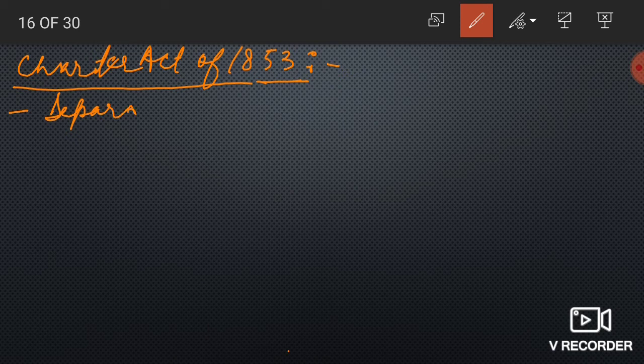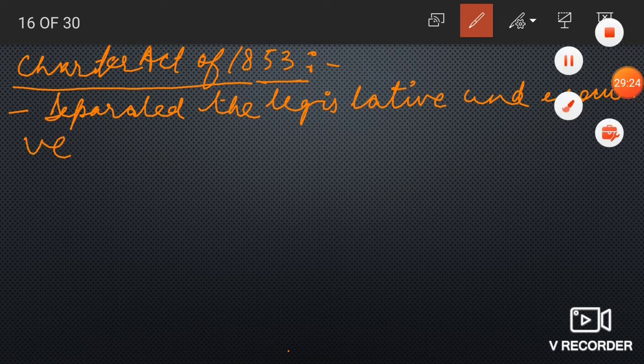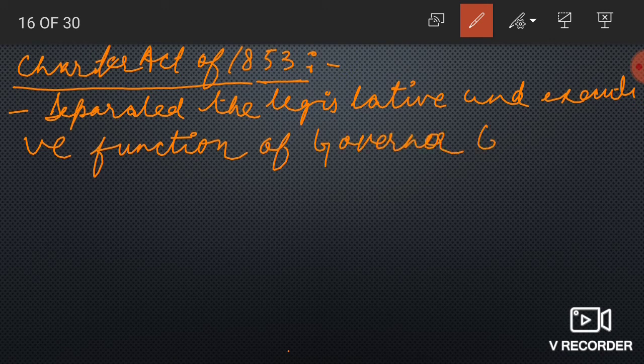So what were the features? It separated the legislative and executive function of the Governor General. Now the Governor General is not of Bengal, it is of India.